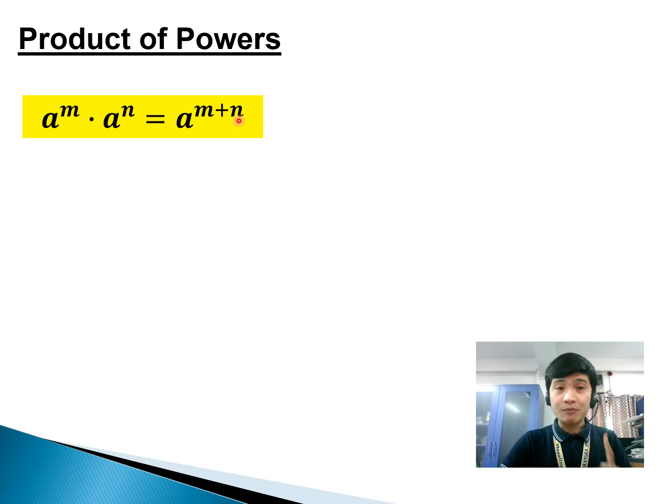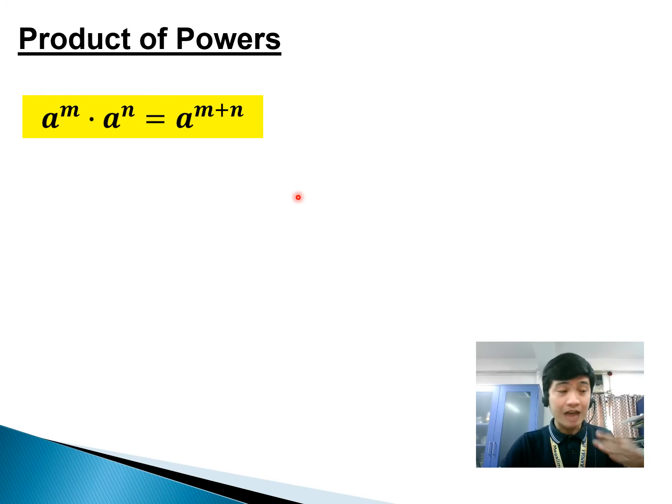Ang tatandaan lamang po dito, if we are multiplying two expressions with the same base, importante na same base, we will just copy the base and we will add their exponents. I will repeat. So if we are multiplying two expressions with the same base, we will just copy their base and then add their exponents. So m plus n. Yung m tsaka n dito, yan po ay mga exponents.